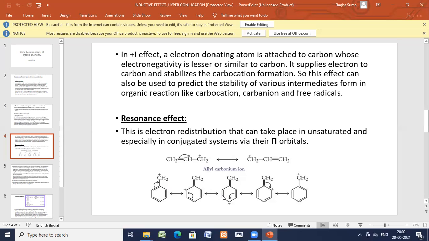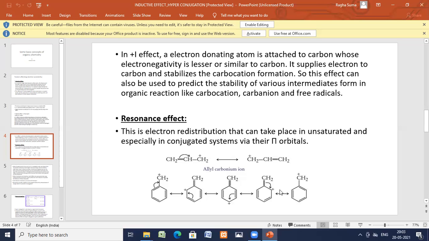Canonical structures are written based on the valency rules.